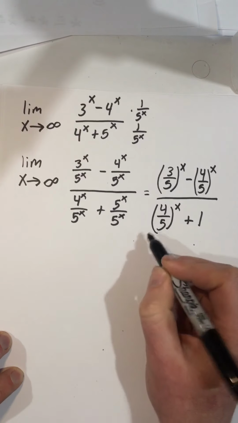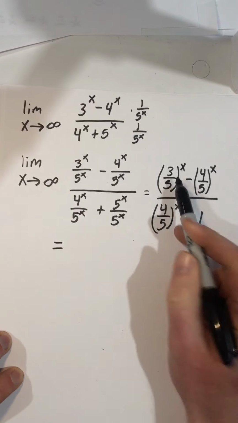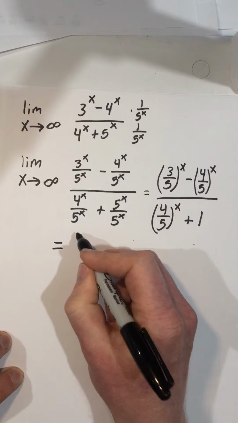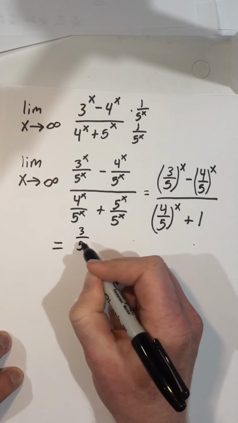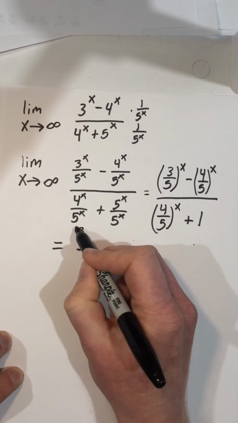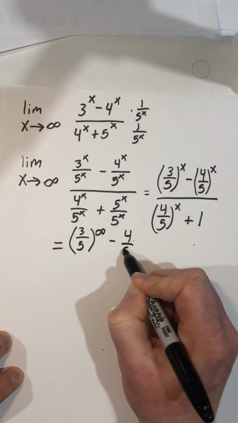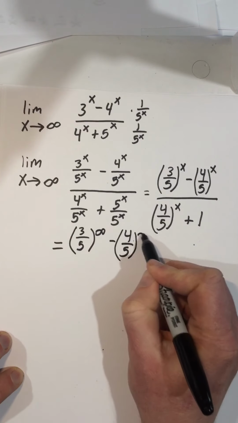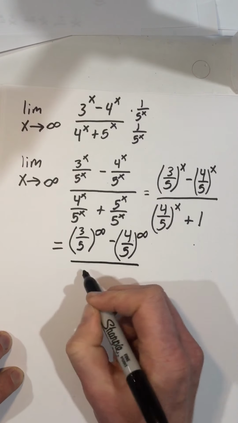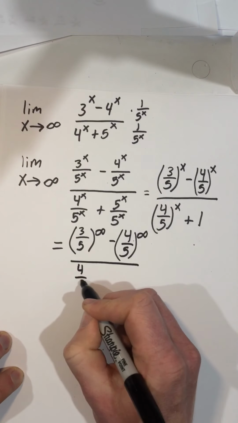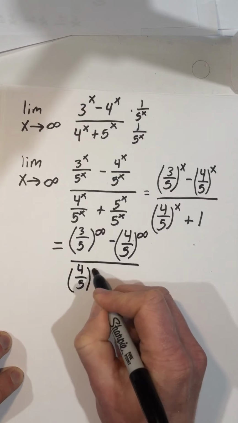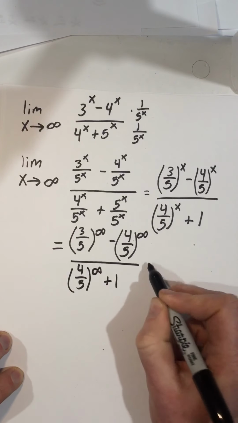Now this is where it gets awesome. 3/5 to the infinity power minus 4/5 to the infinity power over 4/5 to the infinity power plus 1.